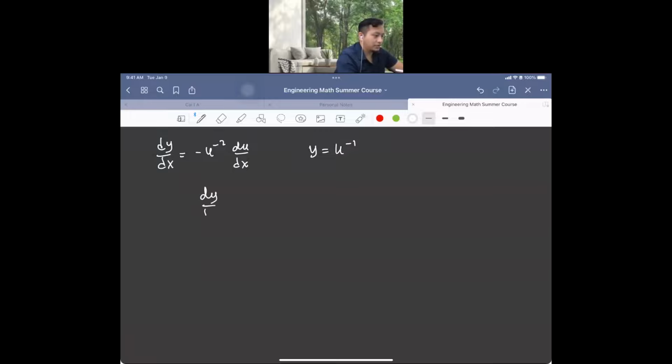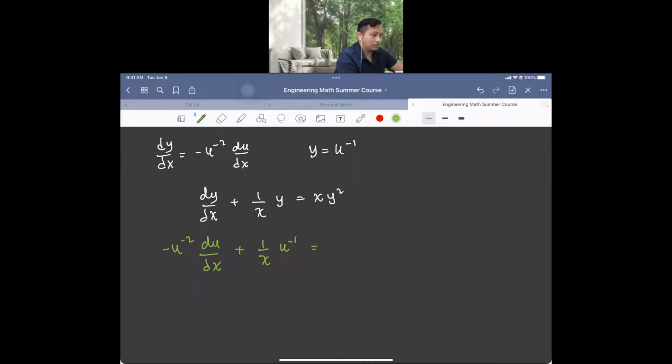So we can exchange, let me write the original equations. Okay, let me exchange this. Y is u negative 1.